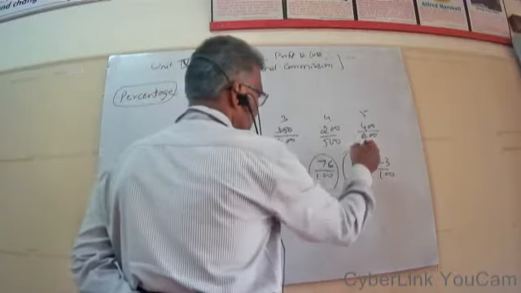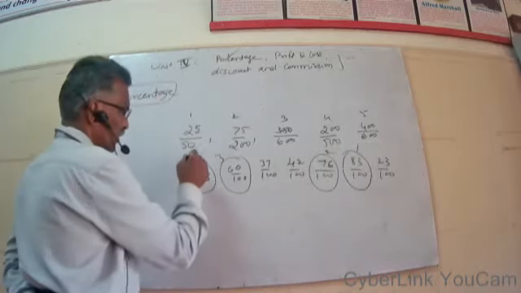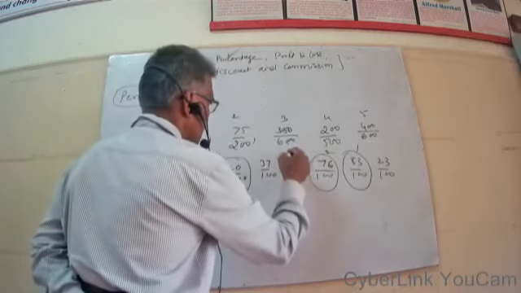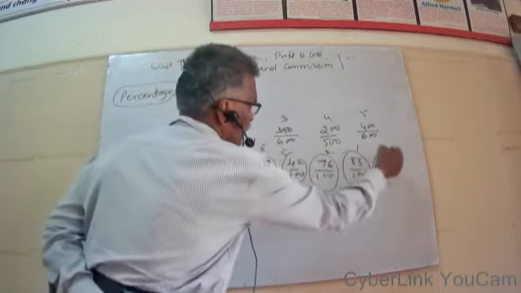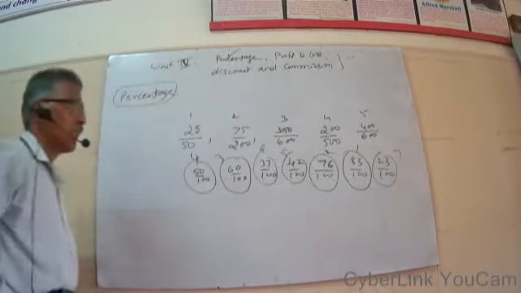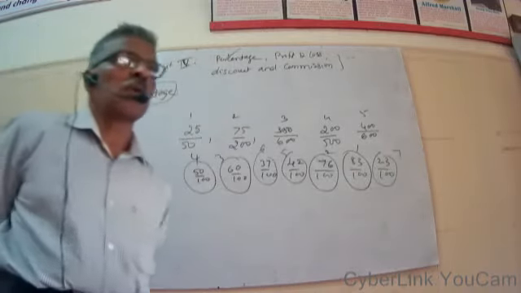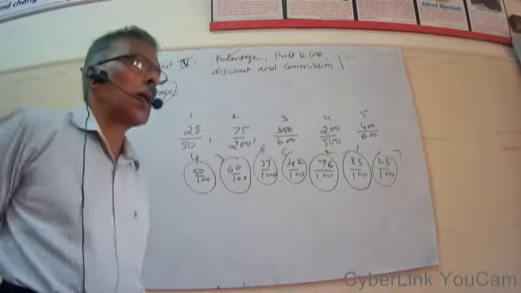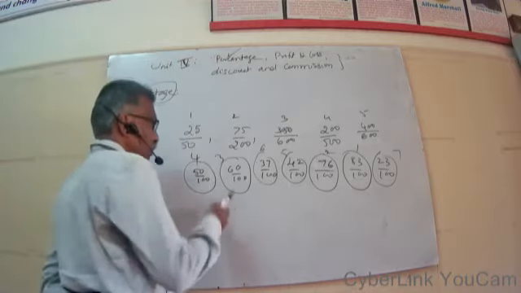This is first, second, third rank, fourth rank, fifth rank, sixth rank, and this is the seventh rank. Otherwise you cannot easily distinguish this. Now you can compare the ratios.